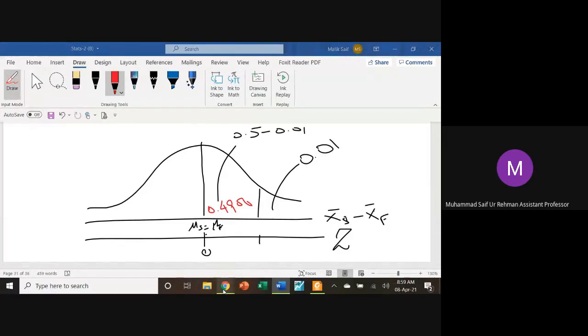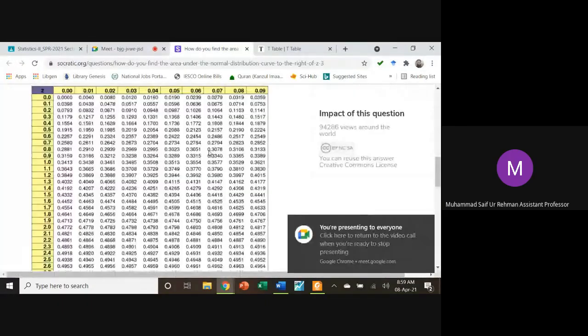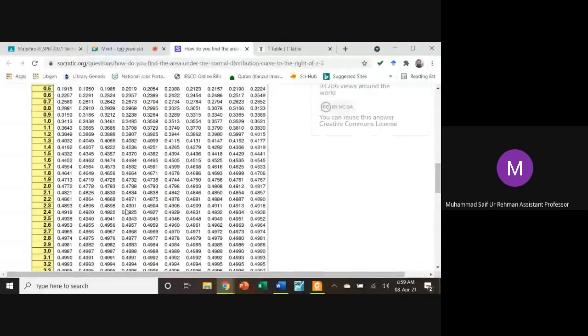So what will you do? You will locate this value in the table. This is your z table, and 0.4900 we have to locate in the body of the table. If it is not there, we will consider the nearest value. As it is not there, this value is the nearest value, 0.4901. This is nearer as compared to the other value to 0.4900.